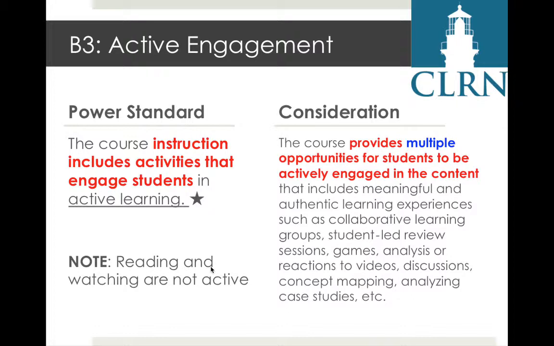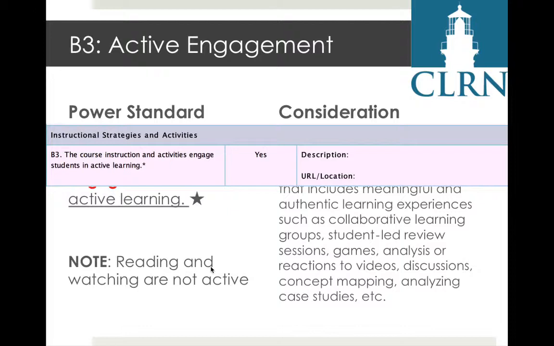You're not expecting all of these to be present, but for the course to have a variety of activities that provide meaningful engagement. Be reminded that a course that is primarily composed of reading and watching activities is not supporting active engagement. Because you view the entire scope of the class when vetting the content standards, we don't require the publisher to provide a description or location.